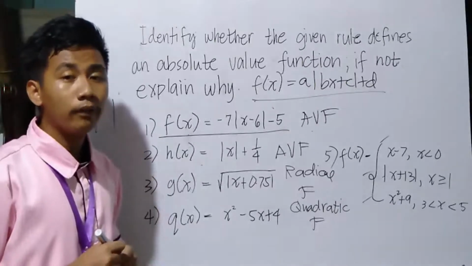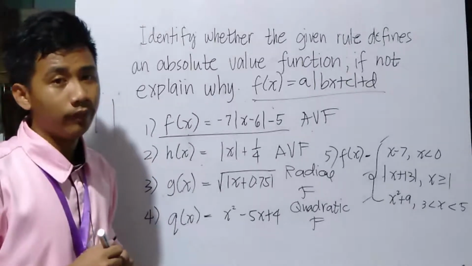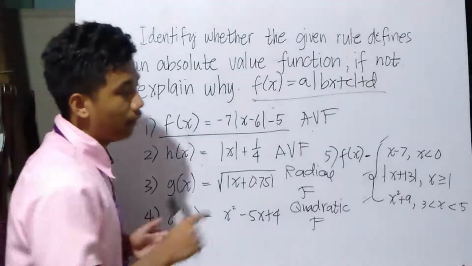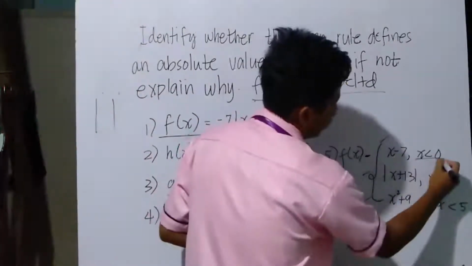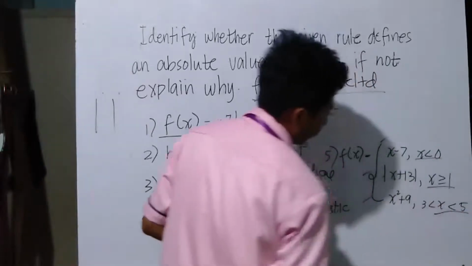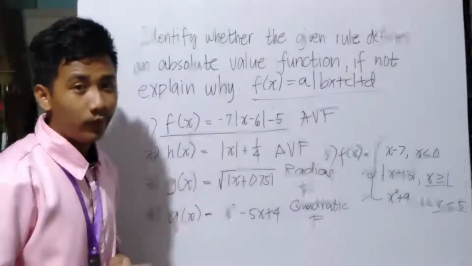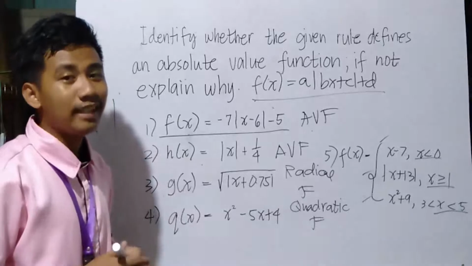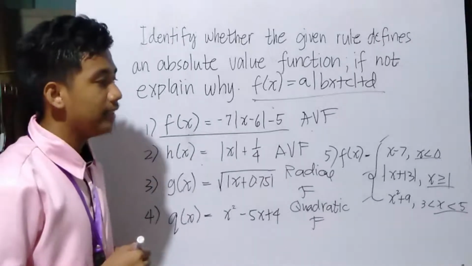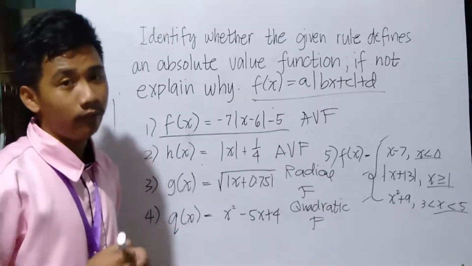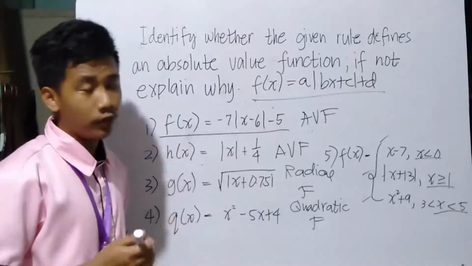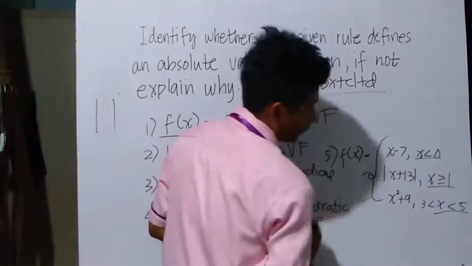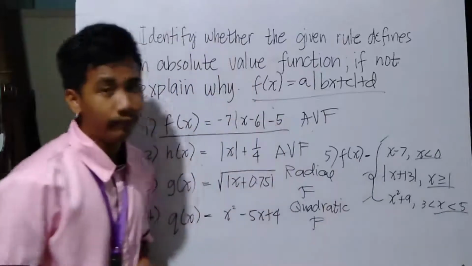Recall how the current function was defined from earlier. Take note also that the function has its own set of intervals. Remember now? Yes, it is a piecewise function since it is a function that contains multiple subfunctions, and each subfunction has its own set of intervals, or what we call domain.